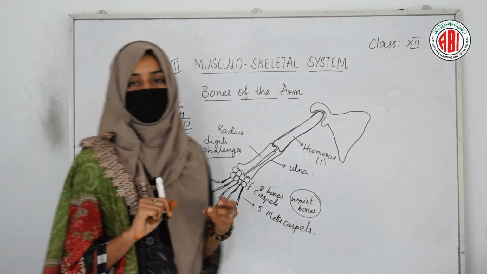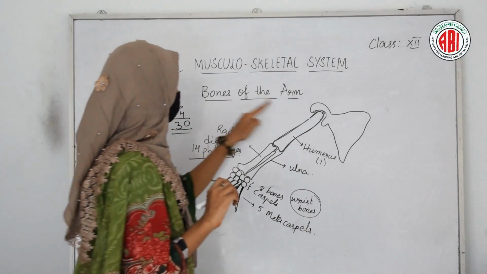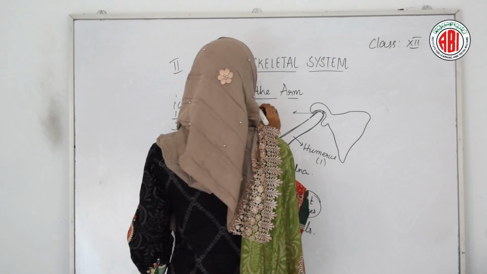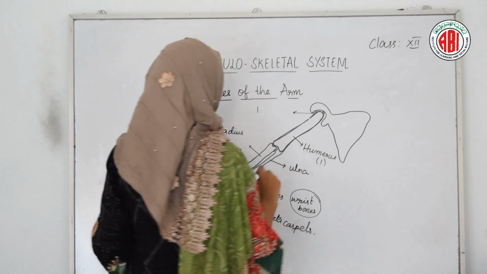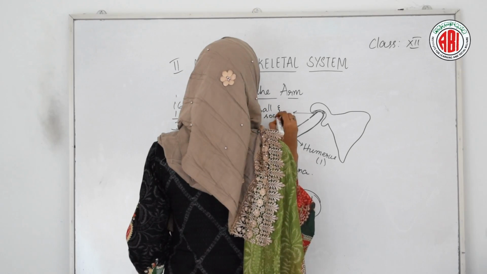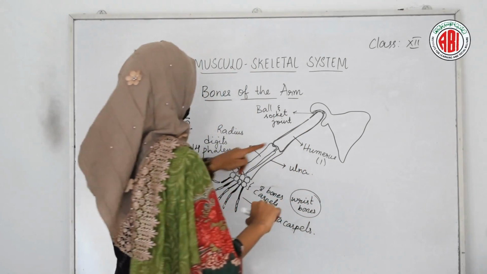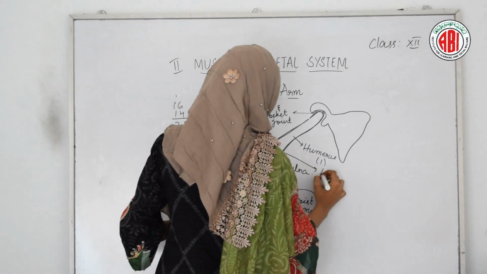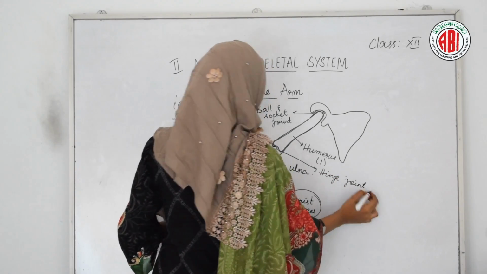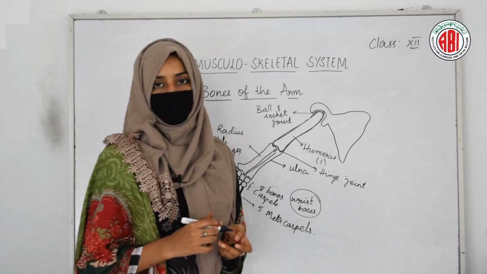And synovial joints are of two types, ball and socket joint and hinge joint. The joint found in our shoulder is called a ball and socket joint, and the joint at the elbow is termed a hinge joint. These are the two different joints that you can see in the upper limb.